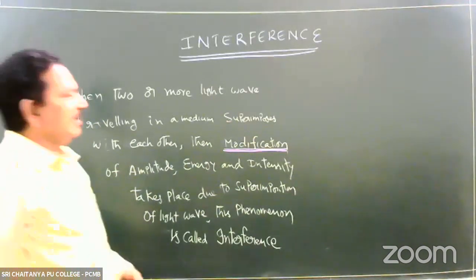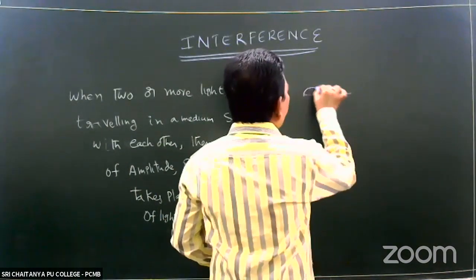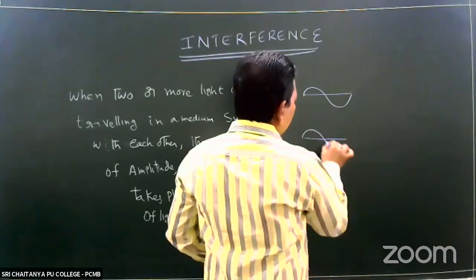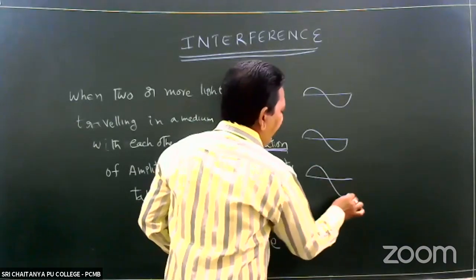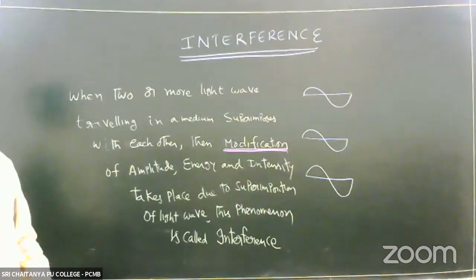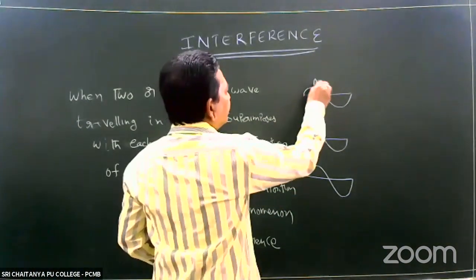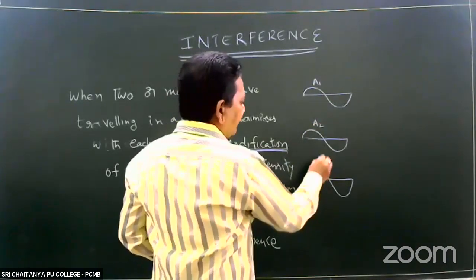Let us consider a simple diagram to understand interference. This is one light wave, this is another light wave, this is another light wave. We can take any number, but for simplicity, we will take only 2 or 3. Amplitude of the first light wave A1, A2, A3.